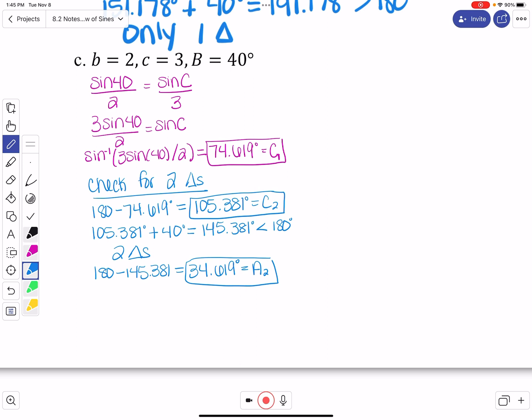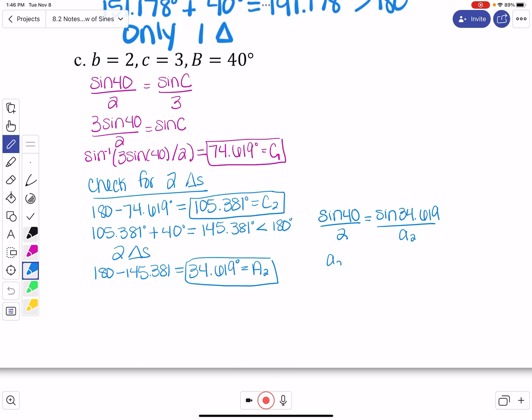What is going to be different is the little a, side A, and then angle A, angle C, and side A. So next we're going to find side A. So I'm going to do sine of 40 over 2. Now I already used that once, but remember I said that is the same for both triangles. Equals the sine of 34.619 over A2.